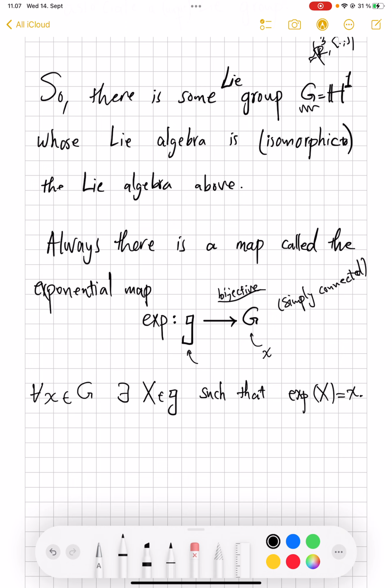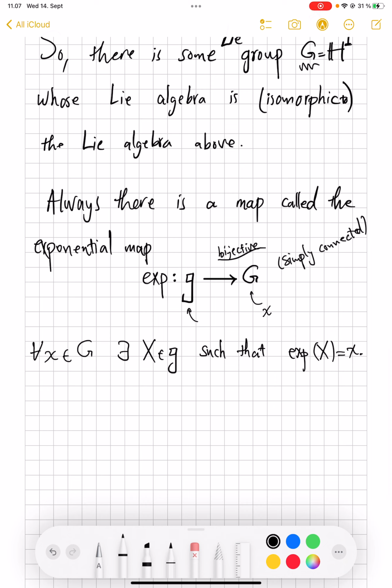But the Baker-Campbell-Hausdorff formula that I mentioned, and I will go back in a second, answers the following very, very important question.